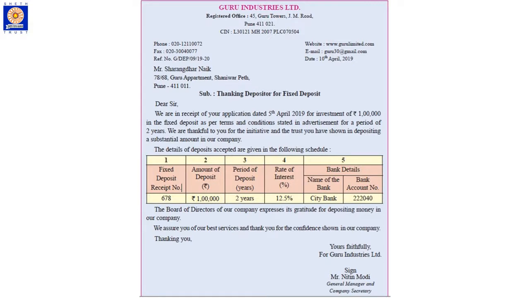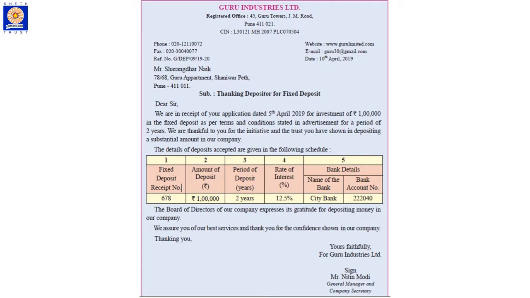Thanking depositor for fixed deposit. As the letter appears on the screen, you can see the subject in bold. The letter starts with the header section, where you can see the name and address of the company. The name of the company in this sample letter is Guru Industries Limited, and the corporate identification number is below the registered address of the company.